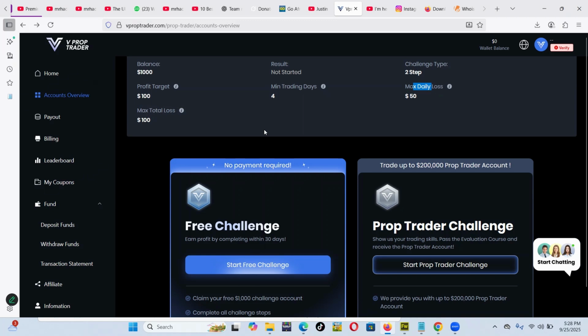Now, to someone who is new to this platform, the simplest way I can tell you about VProp is this: it's like a company which will take you for a trading test. If you prove you are smart and a safe trader, they will give you a big account with their money to trade.